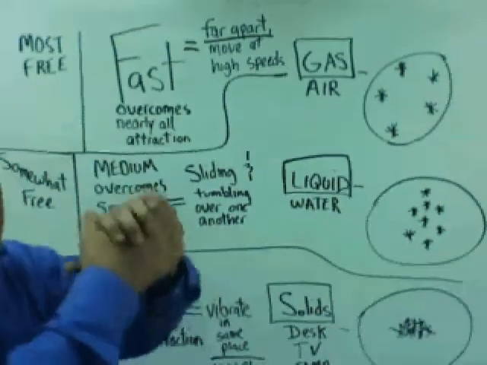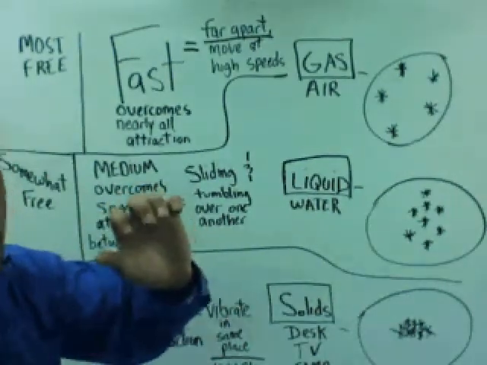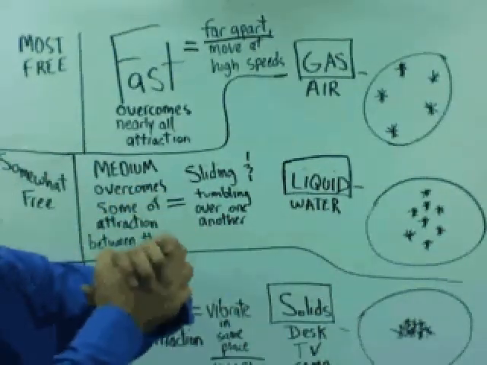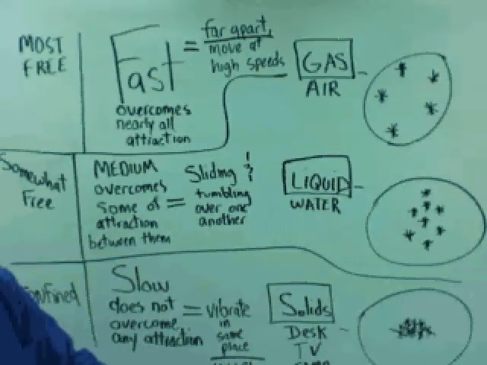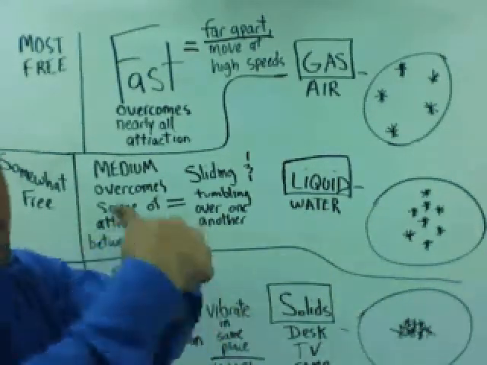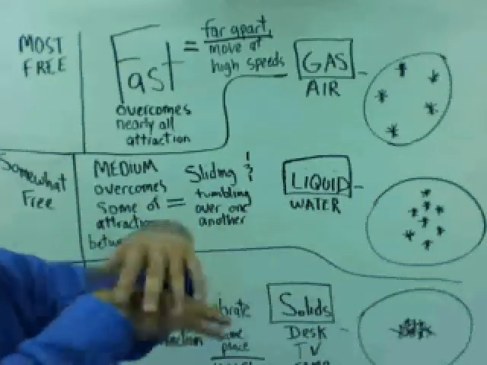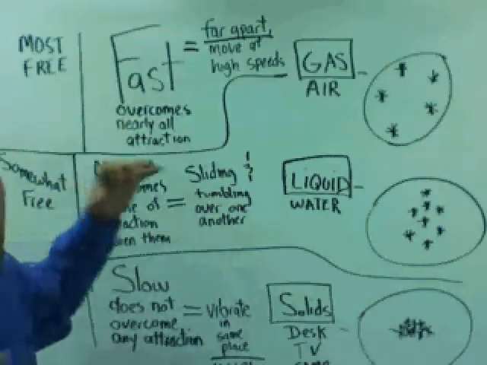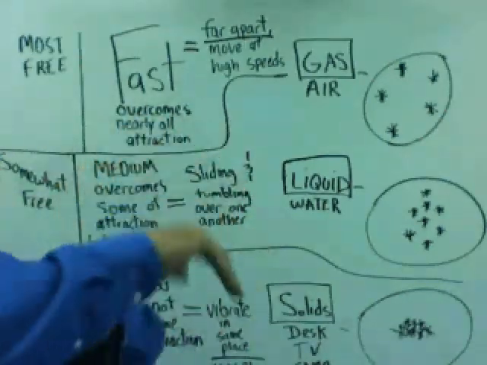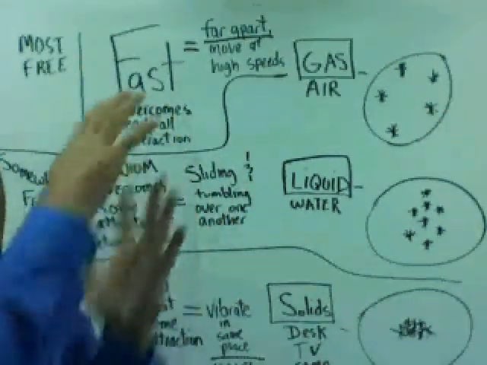So you've got solids, which are confined to themselves. Then you have liquids, which are tumbling and moving around each other, a little bit more free. And then you have gases, which are spread out far apart and kind of look like one of those rave dancers.